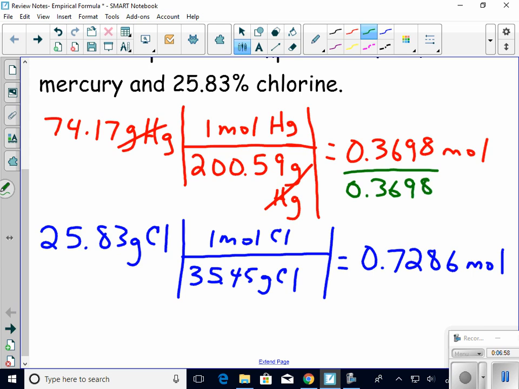Obviously, when I do that one, I'm going to get a 1, correct? When I come down here and divide my second one by 0.3698, I just have to click a couple of buttons, and I'm going to get 1.97.